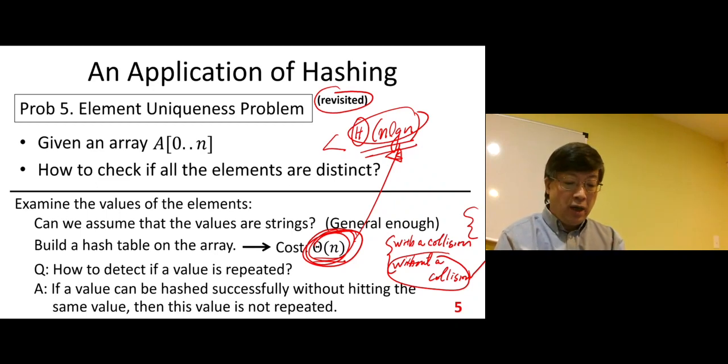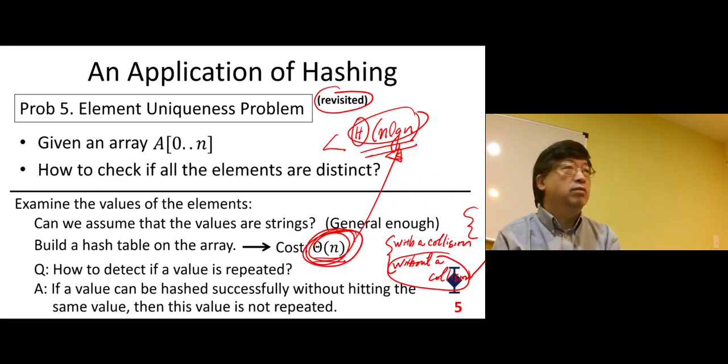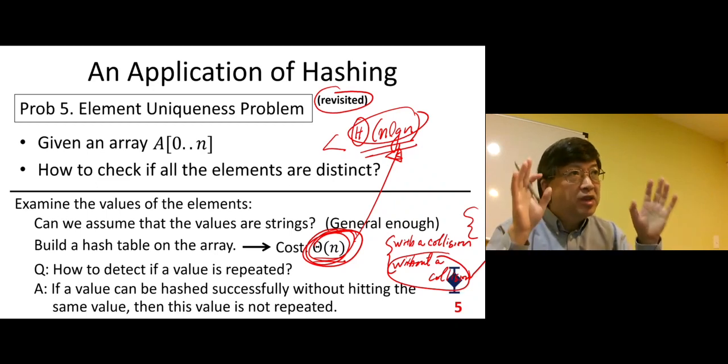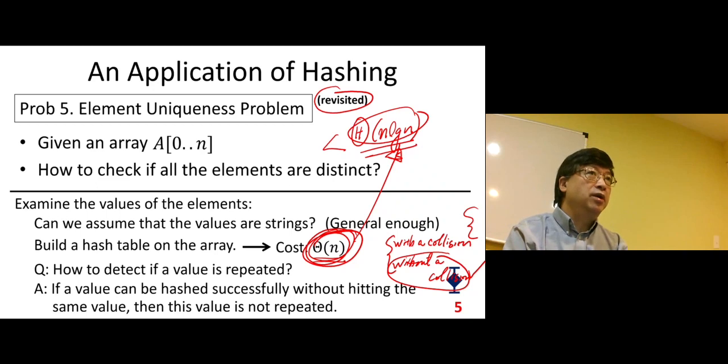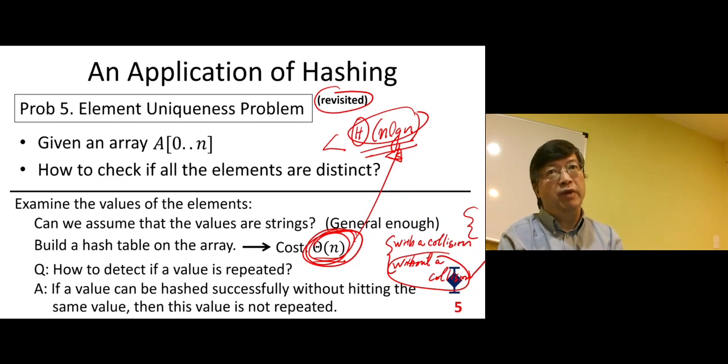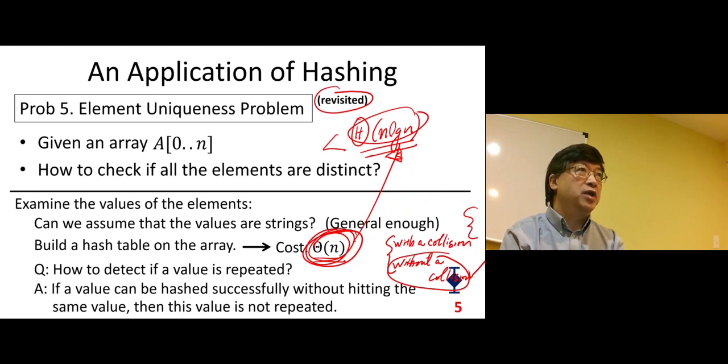So we find a better solution for our old problem, and we complete this hashing topic. Next, we have another important topic, the decision trees topic. Very important. I want to use a lot of time to discuss the decision tree topic.